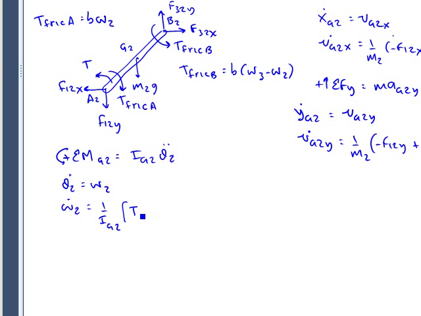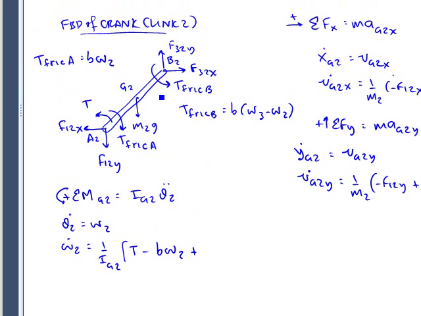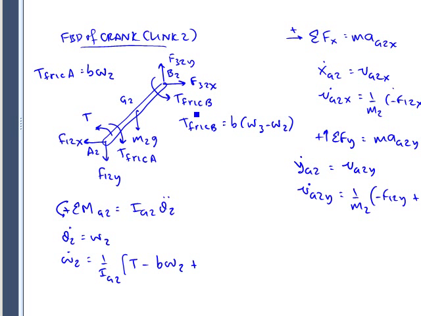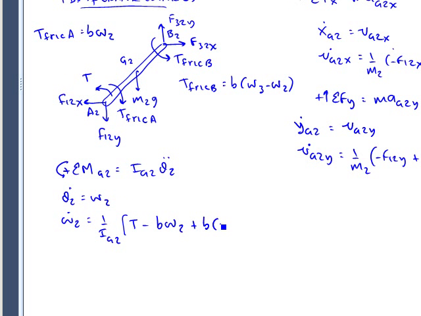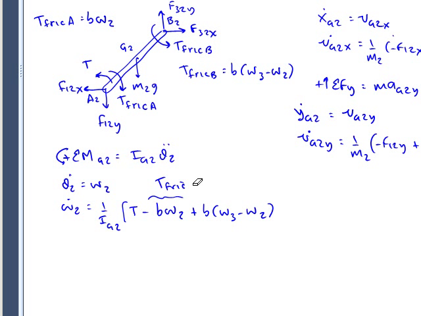I've got T. I've got minus T_fric_A, which I know is b omega 2. I've got plus T_fric_B, because if it's positive it's counterclockwise. T_fric_B is b times omega 3 minus omega 2. I'll just make a little note up here that those two terms are T_fric_A and T_fric_B.